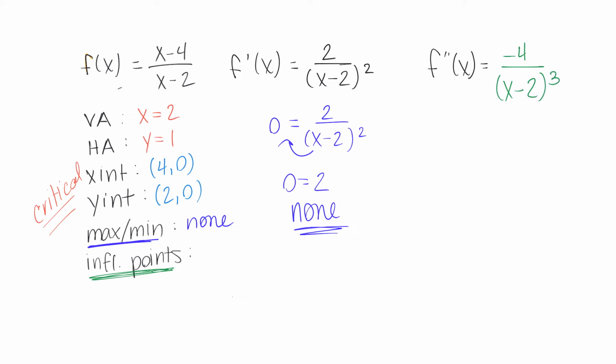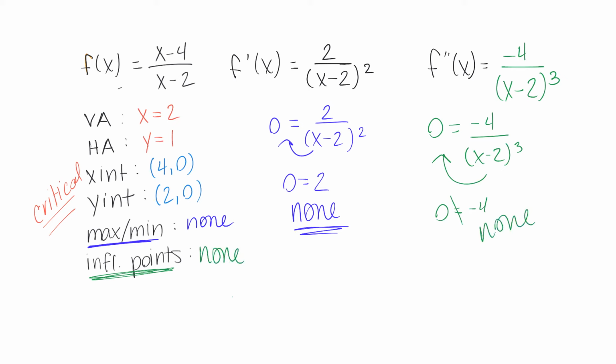I hope that is what you found. Okay, so (x minus 2) cubed, we're going to set that equal to 0, and the same thing is going to happen to us. We're going to try and move this up, and we're going to get 0 equals negative 4, and obviously that doesn't work. So that means there are also no inflection points.